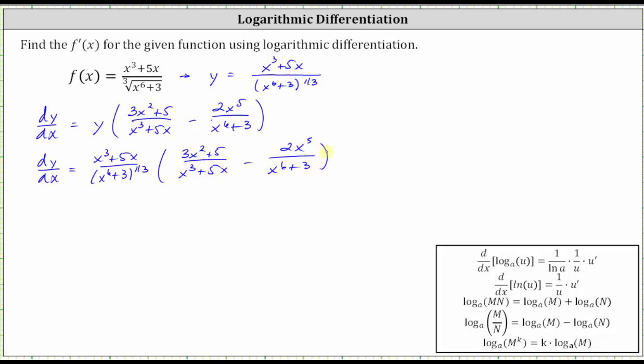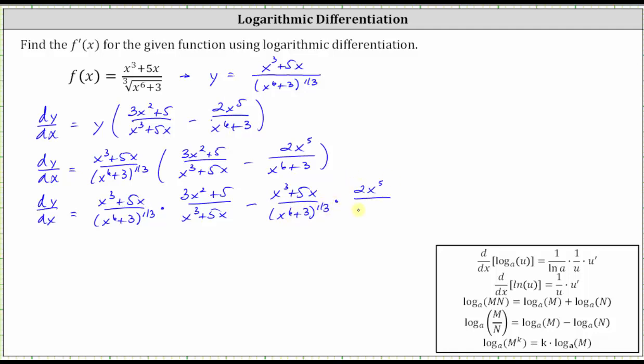So now we do have dy dx only in terms of x, so we could leave it in this form. But let's go ahead and distribute this first fraction and then simplify as much as possible. And I'm going to go ahead and put all the numerators and denominators in parentheses to make the simplifying more clear.